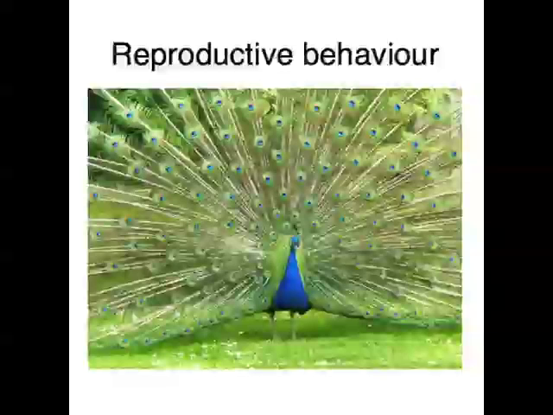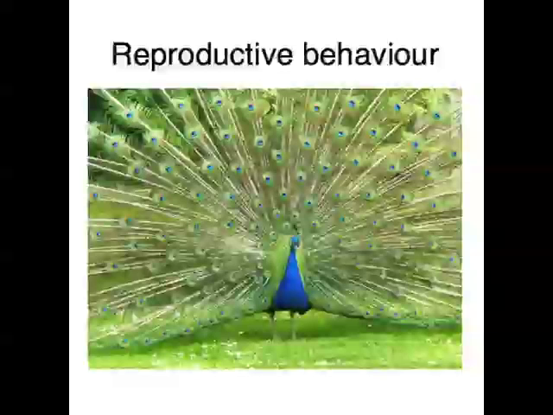Other reproductive behaviours include quite a lot of courtship behaviours. Animals will court one another, and that's basically to ensure that the animal gets the best quality mate and that the ensuing offspring has the best chance of survival. And for some animals like gorillas, there's a dominant alpha male in the group, and females will be more likely to mate with that dominant male, because the dominant male is in theory more likely to produce better quality offspring.